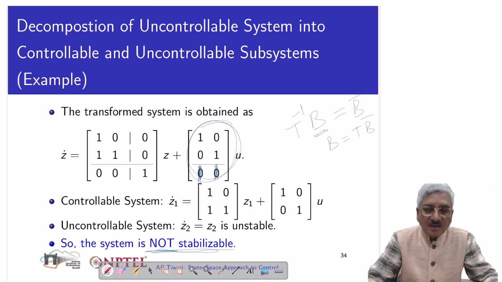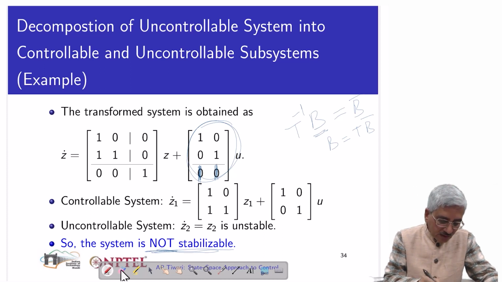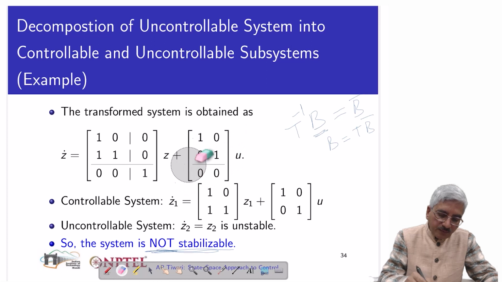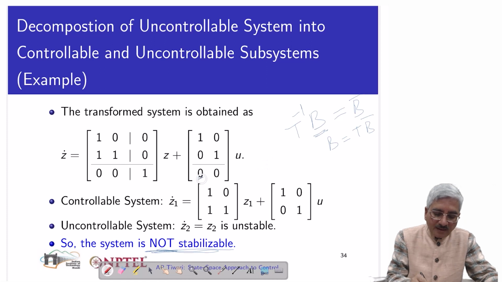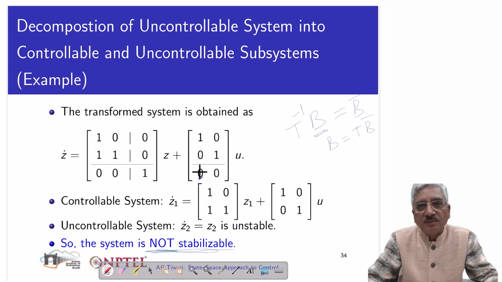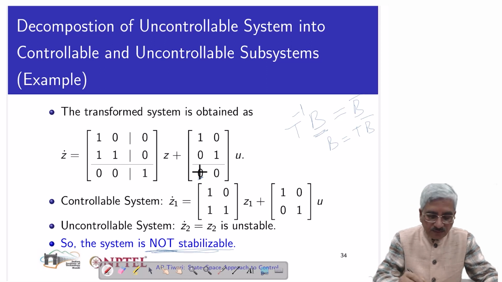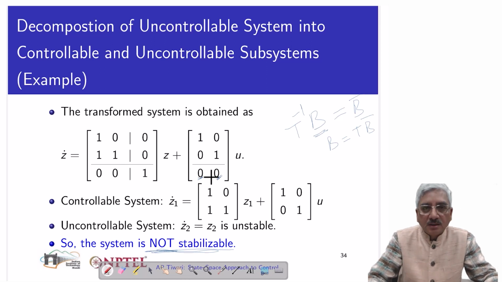Another thing which got explained, as I told in my previous lecture, is that controllability is a generic property of the system. So we see that if we change this B matrix here, slight change, if this 0 becomes even epsilon, very small change, then the system is controllable.